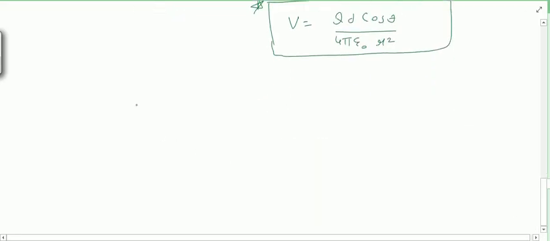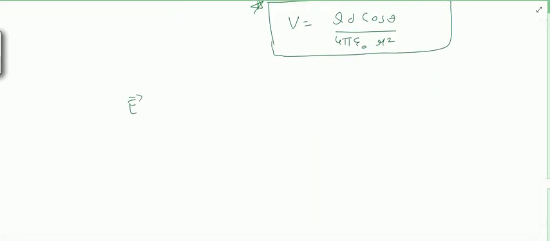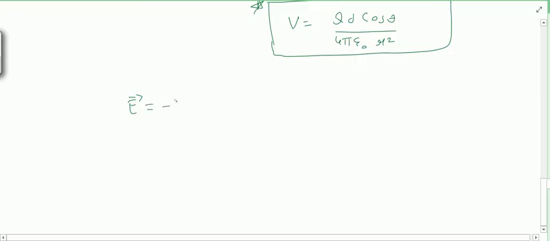Now if you remember, electric field is given by minus gradient of V, from the previous class I guess. Here this is in spherical coordinates, so I will apply the gradient formula of the spherical system. So minus I can take out, and what is the formula for gradient in the spherical coordinate?